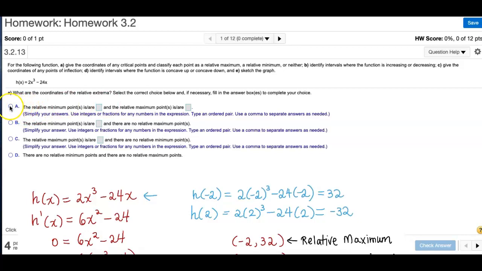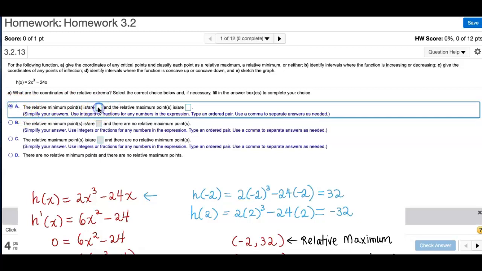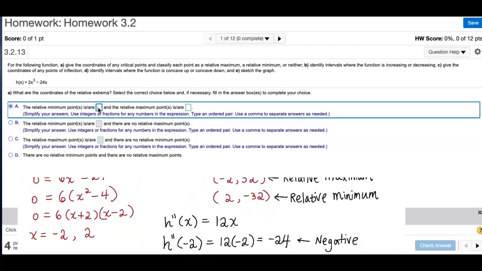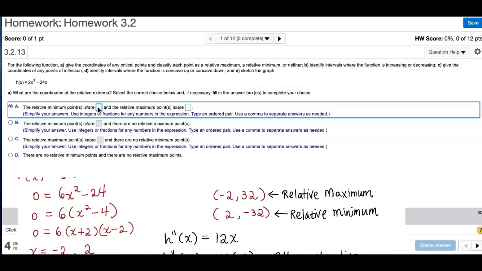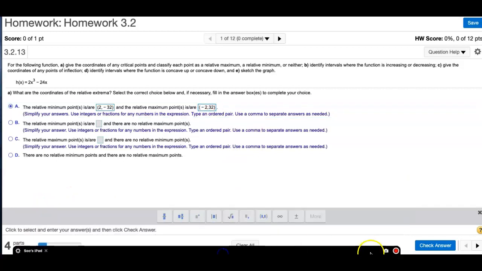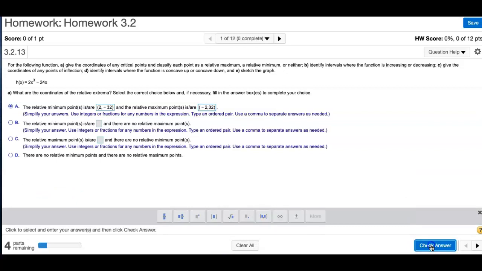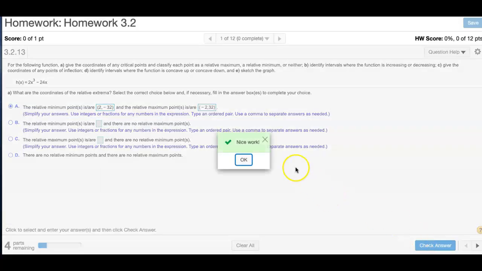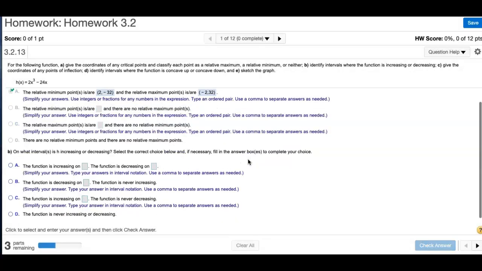Relative minimum is 2, negative 32, and relative maximum point is negative 2, 32. I am done with part 1. I'll click on check answer. Of course, they're going to say excellent. Yay.